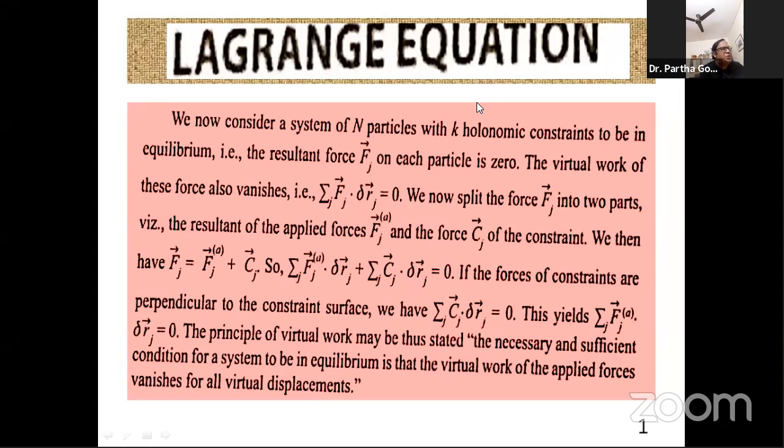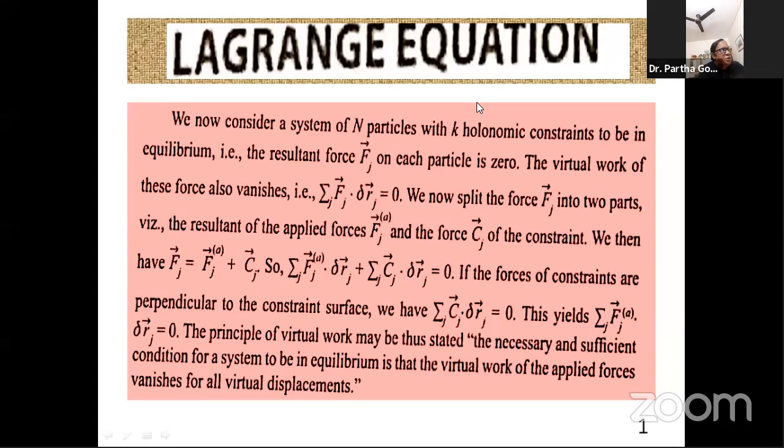And in this case, since we are saying virtual work, delta Rj is the virtual displacement. And the sum over all j's should be zero. The reason being, unless there are external forces from outside, the resultant force on the system would be zero, and the displacement also is virtual. So the total work is zero.